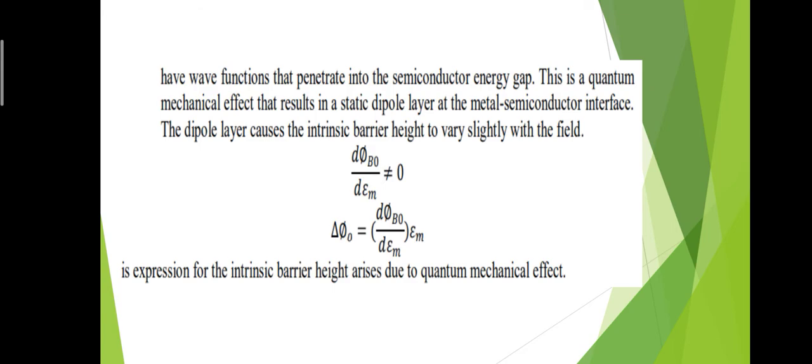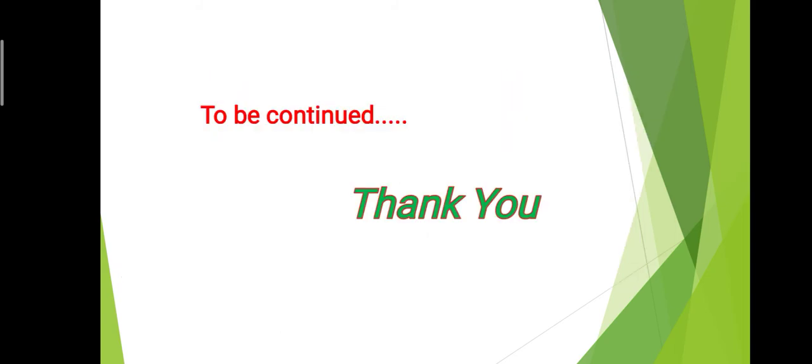Delta phi b0 is the intrinsic barrier height change arising due to the quantum mechanical effect. So the quantum mechanical effect plays a very important role in changing the barrier height with respect to the electric field developed at the metal semiconductor interface.